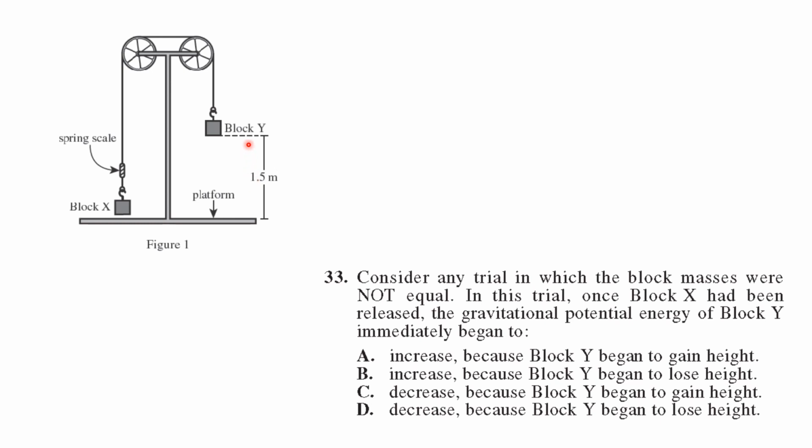Potential energy is the potential it has for energy. The higher you raise this, the more potential energy it has, and as it falls, it has less potential energy because it's eventually going to stop. So your answer has to be D. Its value decreases because it begins to lose height. And that's a bit of a knowledge question as well.